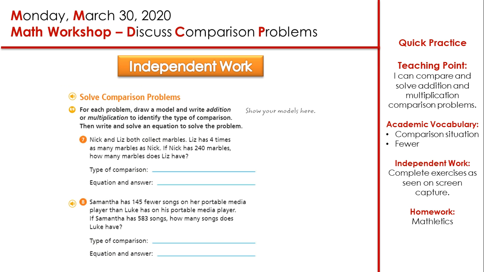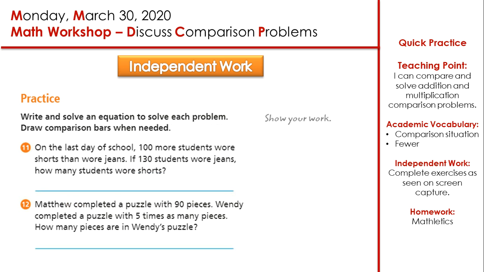Right, so on the second one, you're supposed to classify it as the one we tried before, as either addition or multiplication. And then you need to come up with your different equations to solve the problem and come up with your answer. So right here you have two lines as well. Remember to show your models right there, because that way I can see the way that you're thinking.